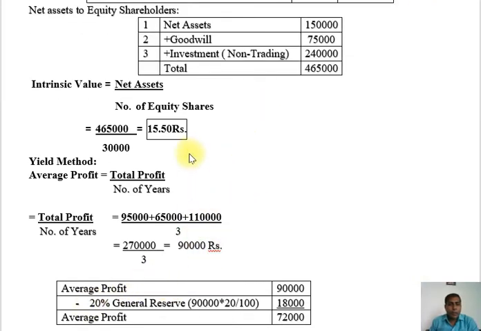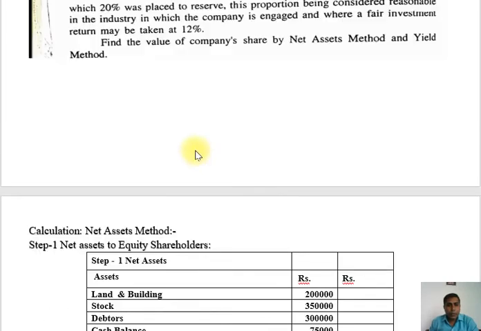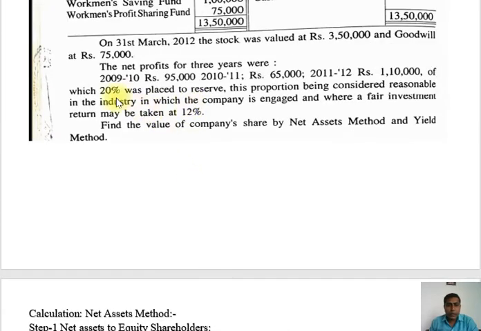Now we can see in our additional information, of which 20% were placed to reserve. So friends, every year we transfer some profit, part of profit, to reserve, general reserve accounts, and the percentage is 20%.